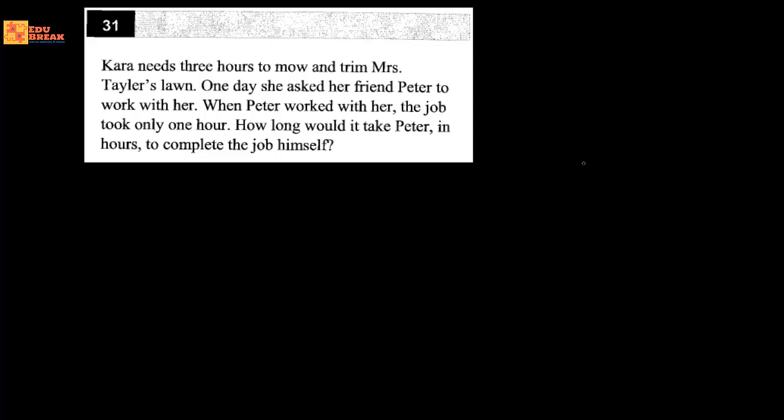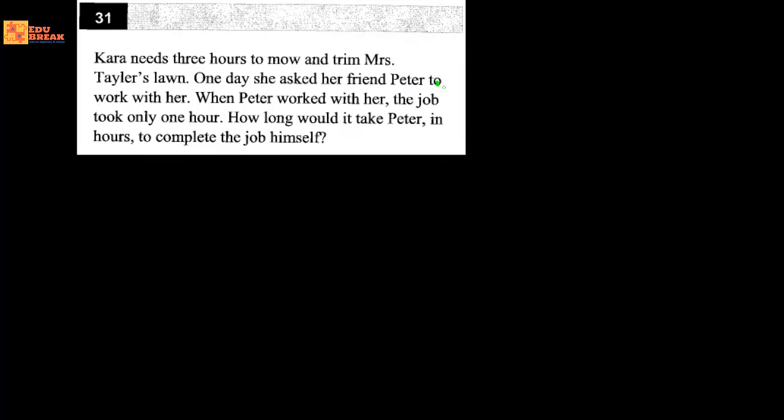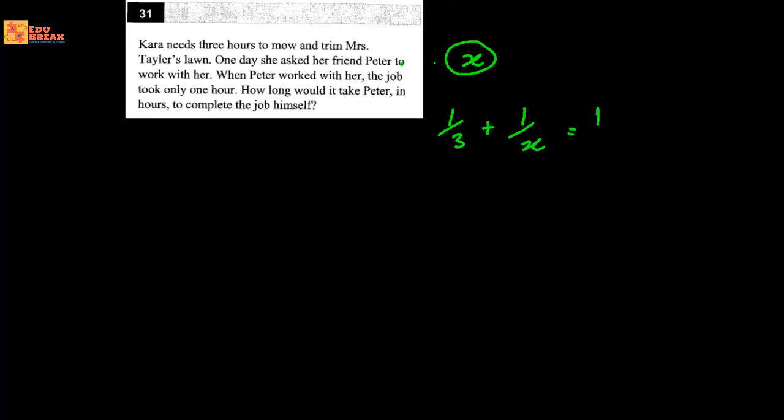How long would it take Peter, in hours, to complete the job himself? You know that rates are added. If Peter takes x hours to complete the job, it will be 1/3 plus 1/x equals 1, which equals 1 over 1.